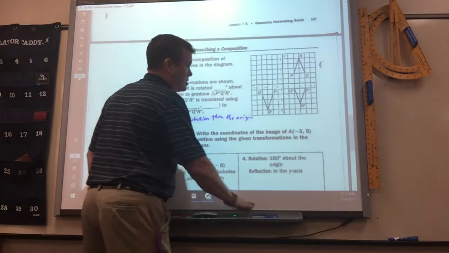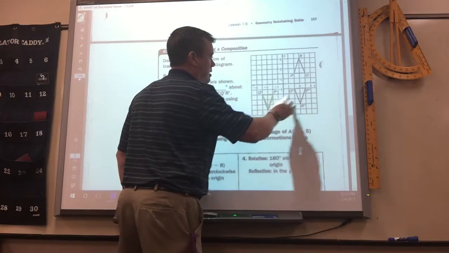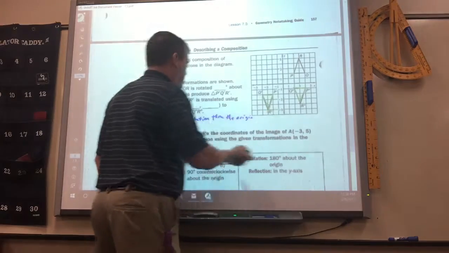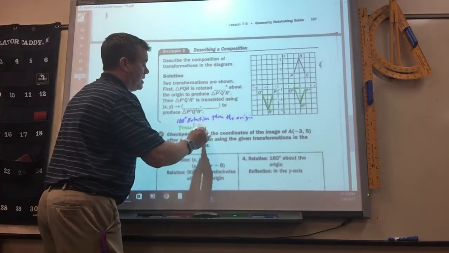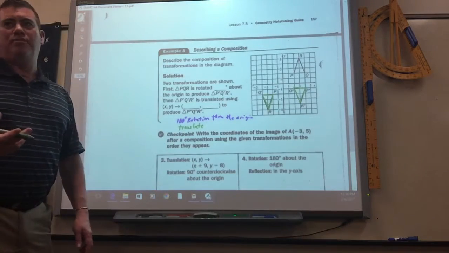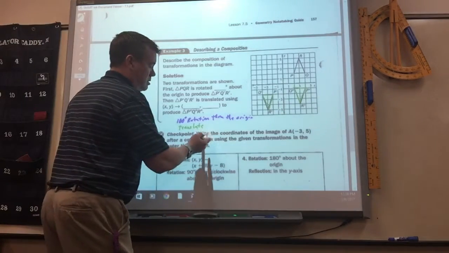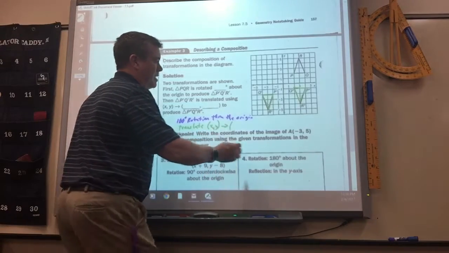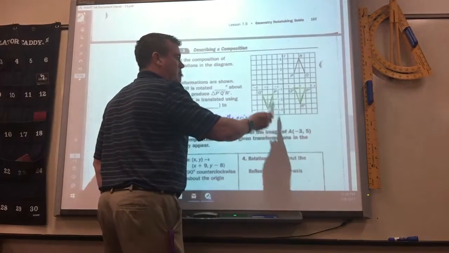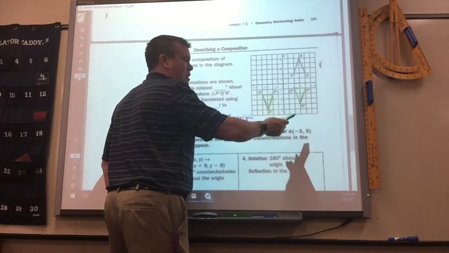Then, what does it do to get from here to there? Then it's a translation, so you'd put translate. You could write it in vector component form if you wanted to. It's shorter, or the book would do it this way. Pick any point, Q, P, or R, and figure out how you get to the other point.